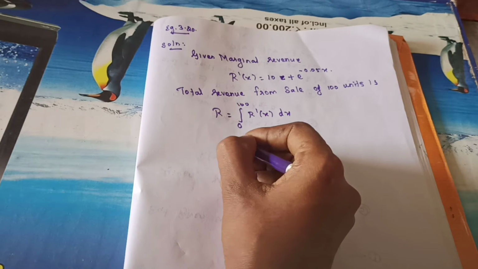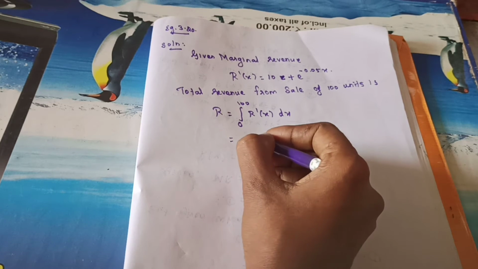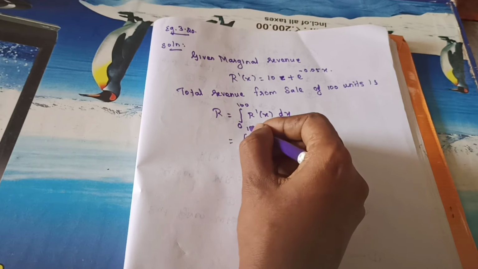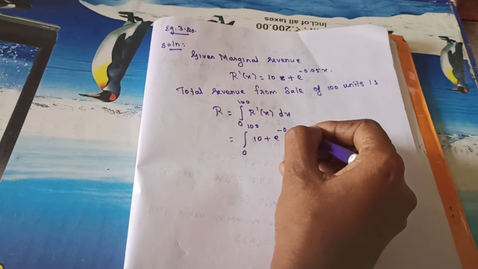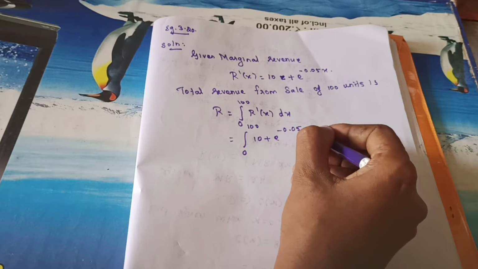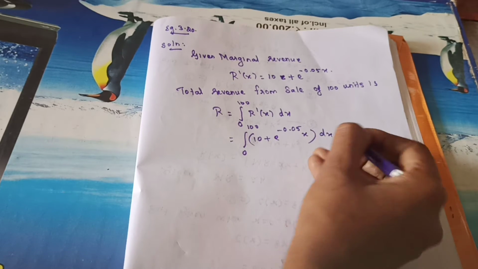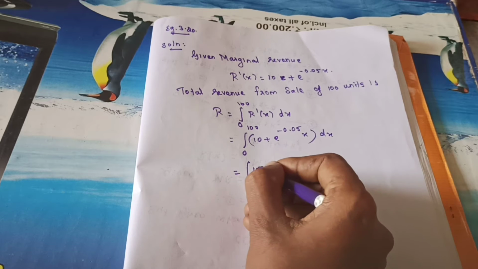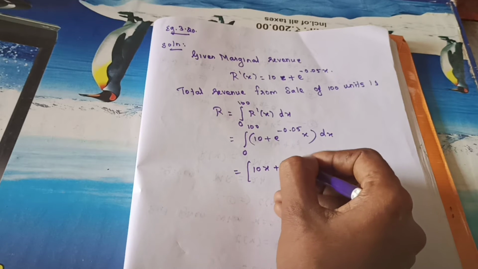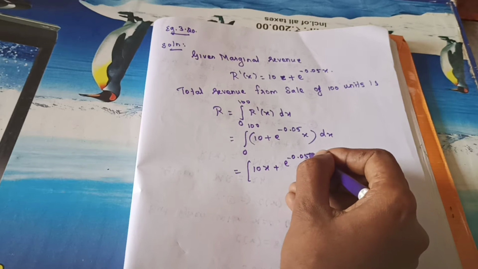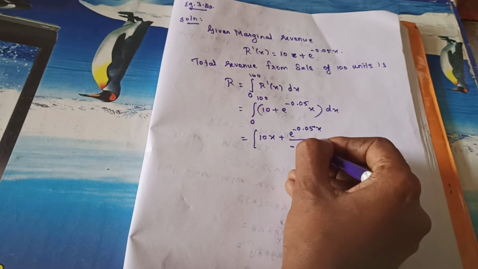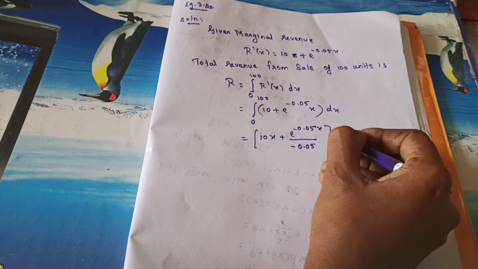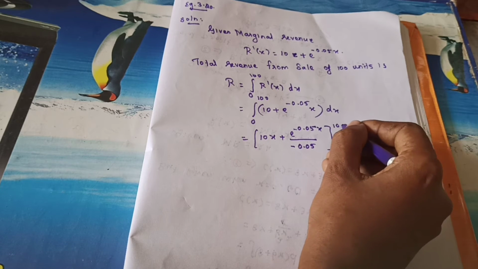So that's equal to the integral from 0 to 100 of 10 plus e power minus 0.05x dx. Now you integrate. What's the integration? 10x plus e power minus 0.05x divided by the coefficient of x, 0.05. The limit is from 0 to 100.